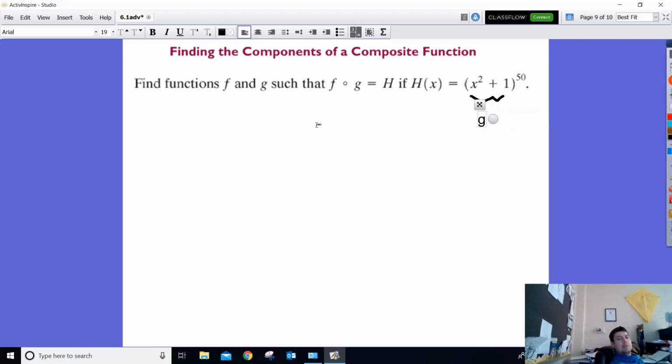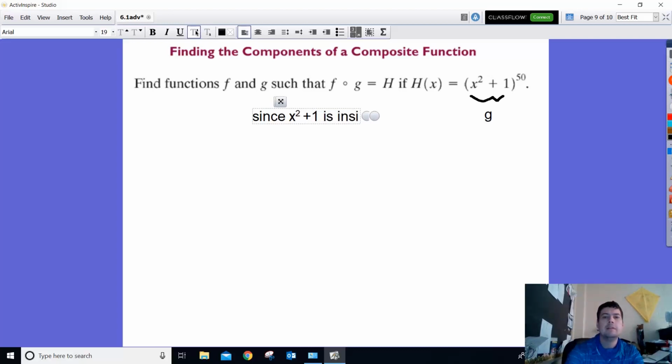So this would be the inside function. Notice how x squared plus 1 is inside the 50th power. I'll try to explain it that way. Since x to the second plus 1 is inside, it's g. Because what are they wanting?